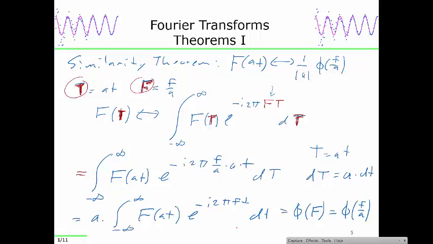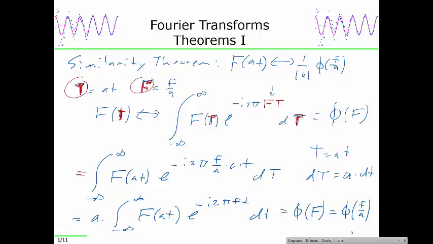Because I started out this whole thing with the Fourier transform of big T equals the Fourier transform of big F, right? And then we just wanted to get rid of the big things and turn them into the little time and frequency components. So we wanted to undo that substitution we did initially. Are we missing the 1 over a?